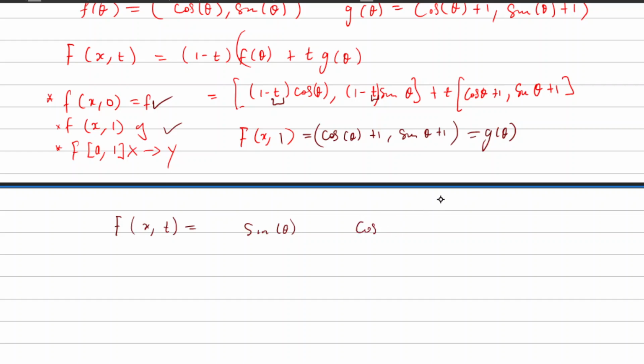Cos is also continuous, and t is linear, so we can conclude that the entire function will be continuous throughout the plane. You can also show the continuity using epsilon delta or the topological definition of continuity. So for homotopy, you just need to satisfy the 3 conditions between the 2 spaces. The conditions have been satisfied, so we say the 2 functions are homotopic.